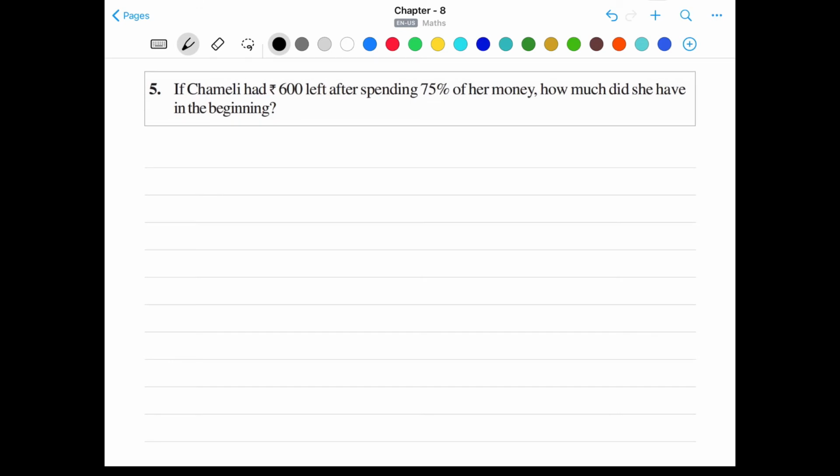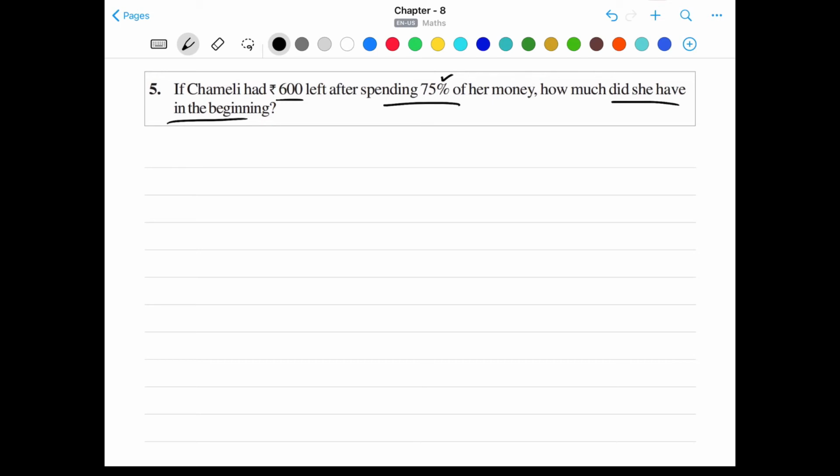It says, if Chameli had 600 rupees left after spending 75% of her money, how much money did she have in the beginning? In the beginning, a girl named Chameli had some amount of money. Out of the total money she has already spent 75%. So how much money is left?